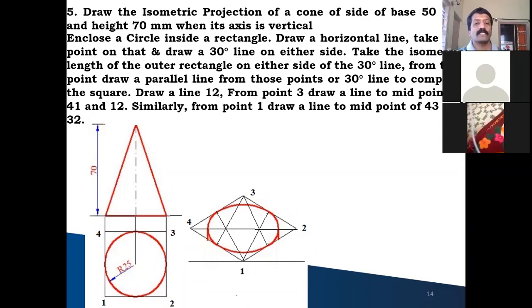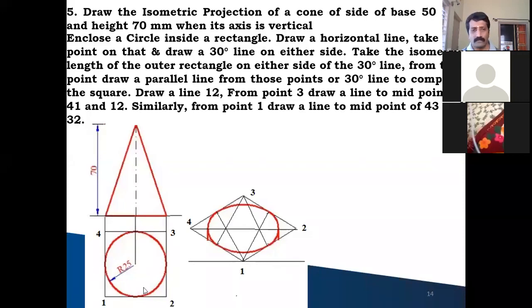Next, first I will draw the isometric projection for the base of your cone, and then we will draw the cone as usual. So draw the horizontal projector like this. Take any one point; I am taking my point as 1. Now you draw a 30-degree line on either side for some length.